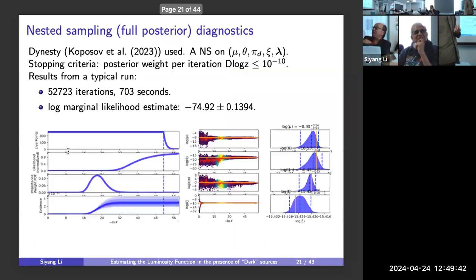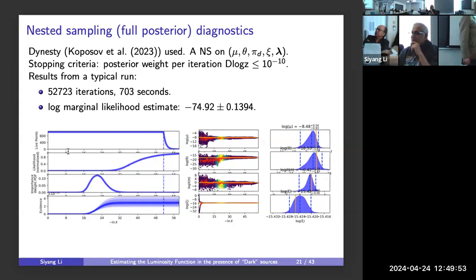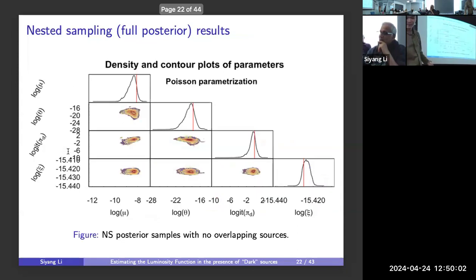Okay, so we run this model using nested sampling with the package Dynesty, and here are the results. They all look sensible. In the trace plots, the iterations converge to the true values, and here are the posterior samples, which are basically sensible.